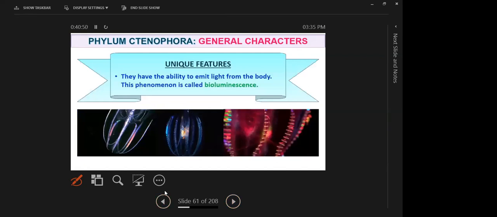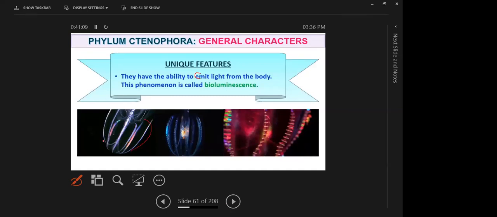Very, very important. They have an exclusive feature: bioluminescence. They emit light. These are actual photographs, not painted or computer-made pictures.